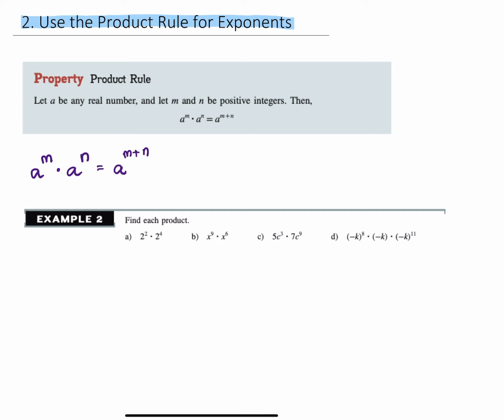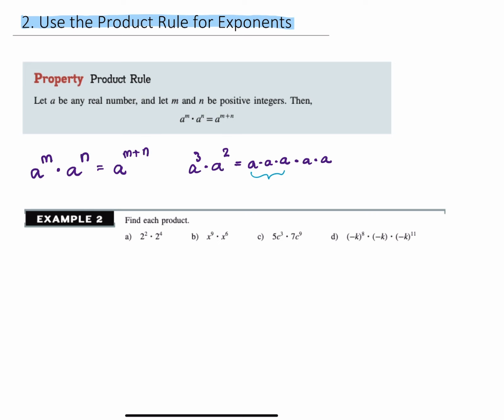So how does this work? Let's just keep the a's, like a cubed times a to the second power. Well, a cubed is like a times itself 3 times. And then this is multiplied by a squared, so 2 a's basically.